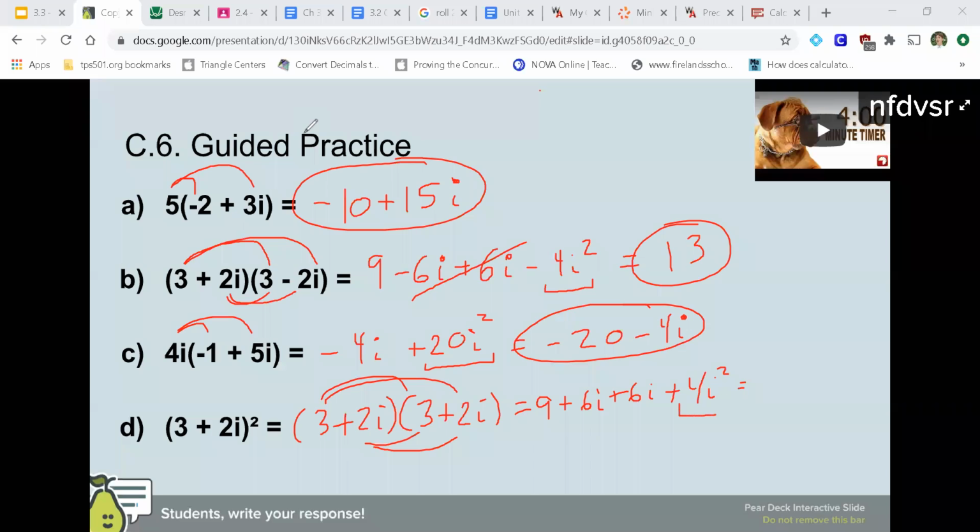Again, this really becomes negative 4. So you get 9 minus 4 is 5. 6i plus 6i is 12i. Yay.